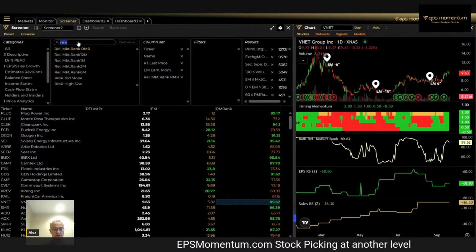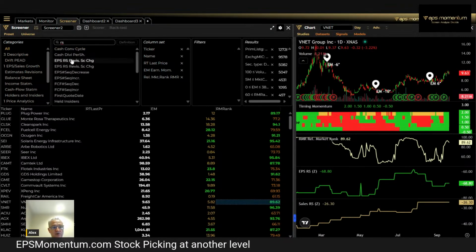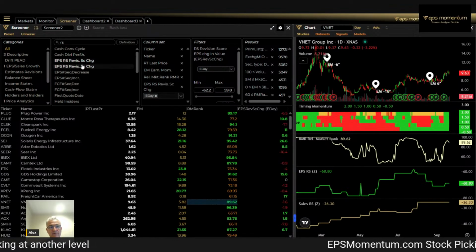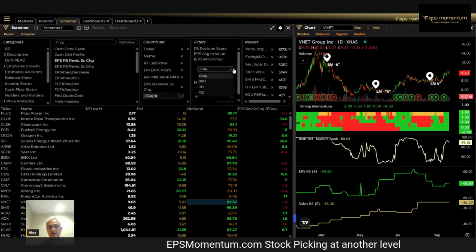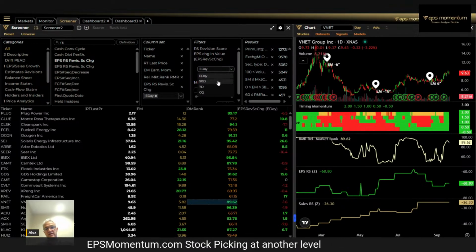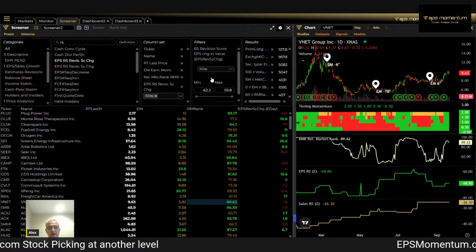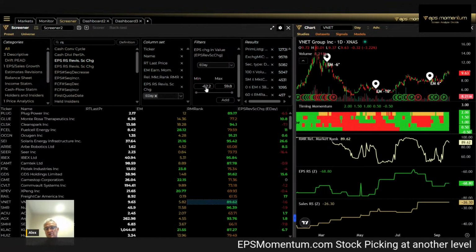The revisions. So the revisions is RS, revision score. We take the revision in value, and we have the revision in percent. Let's take the revision in value. Here I can do 90 days ago, 7 days ago, the current calendar quarter, or the earning day. I want since the earning day, that means since earnings.